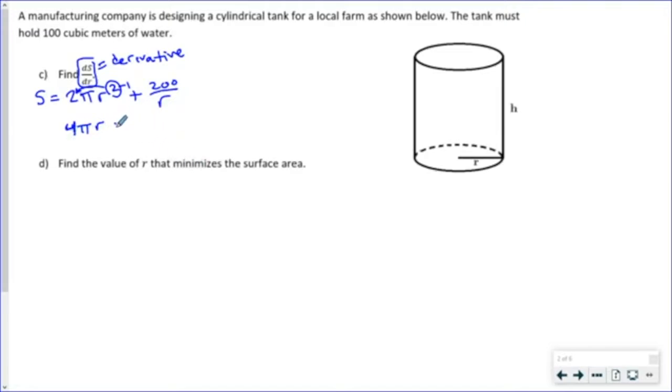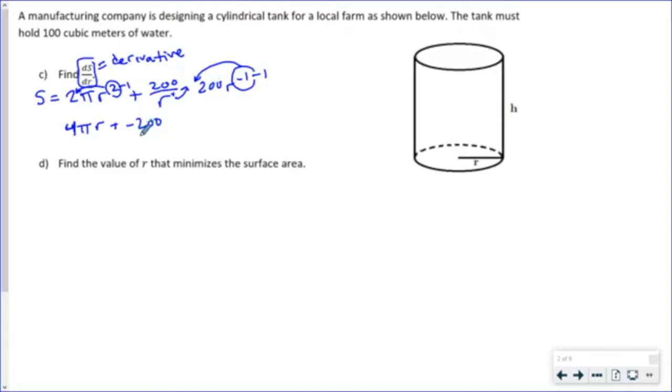Then plus, what about this guy? This is where you all always get confused. This can be rewritten as 200 over r, so I take the r, put it up to the 200, and make the exponent negative, because that's r to the positive 1. Now, what's the derivative of this? Power rule. This goes here, multiply that by 200, subtract 1, and I'm left with negative 200, because negative 1 times 200 is negative 200.